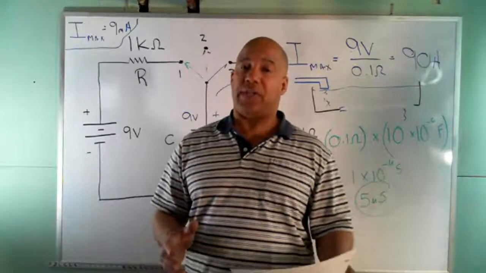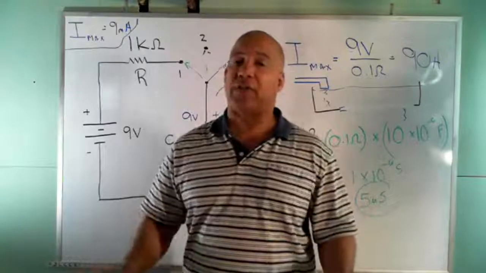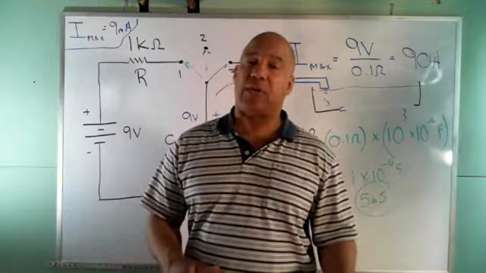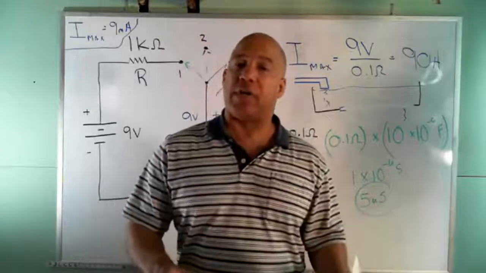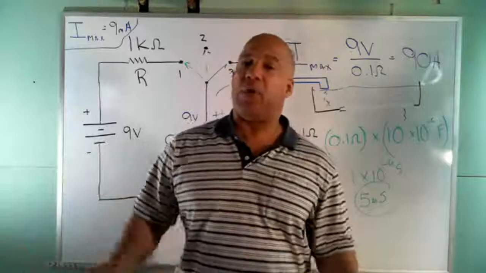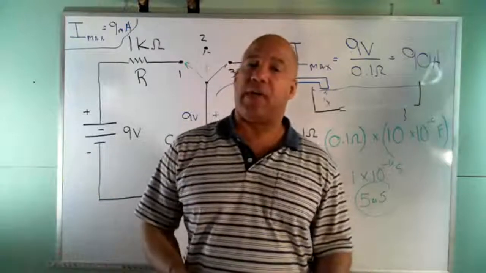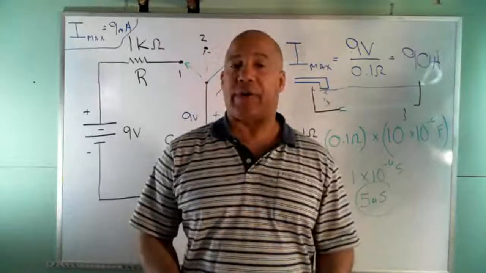So take your circuit, redraw it, remove all the capacitors, replace those capacitors with shorts, and then you got to stand back and look at the circuit to see if those wires are taking anything out of the circuit. You got to be really, really careful with the short circuit. A short circuit in parallel with anything takes that anything out of the circuit.